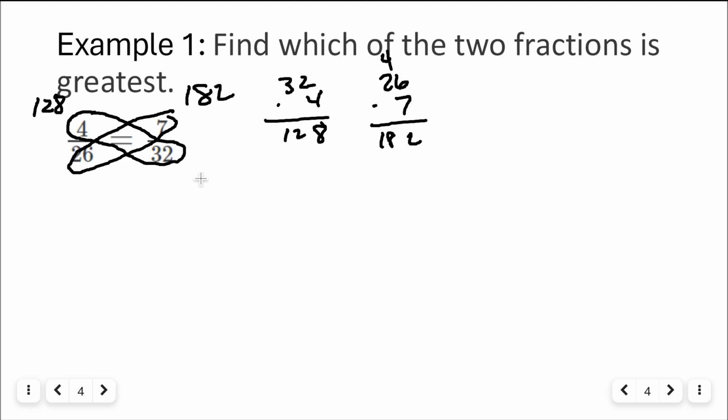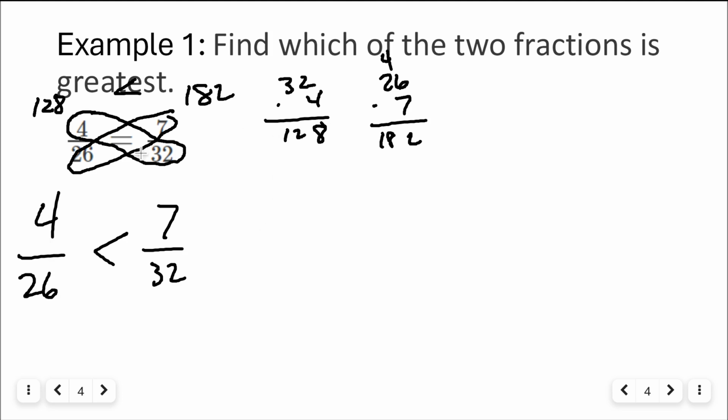Now, which one is larger than the other? Well, the 182 is certainly bigger than 128, right? So that means 7 over 32 is larger than 4 over 26. That would be my answer.